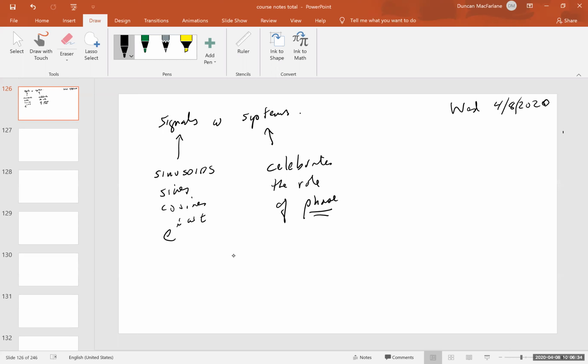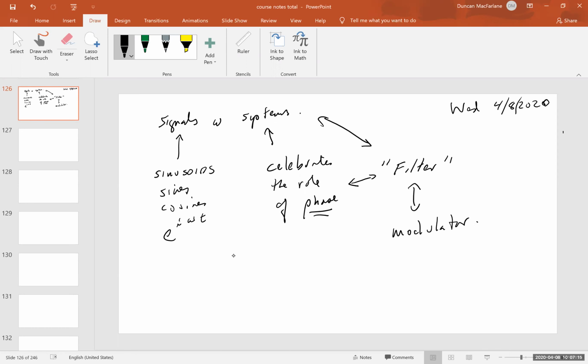And on Monday, I believe, we started to talk about filters and filtering action. This particular system is a type of filter, but it also has other uses as well. In fact, I've studied it more from a different use, and I'll talk about that. But it's a simple filter. It's also, interestingly enough, a modulator.